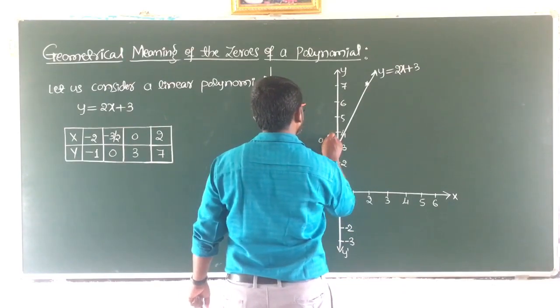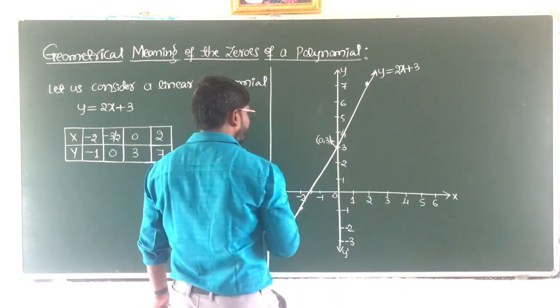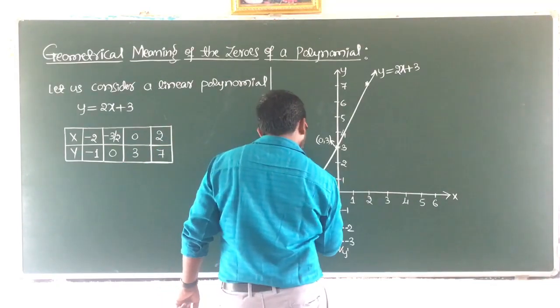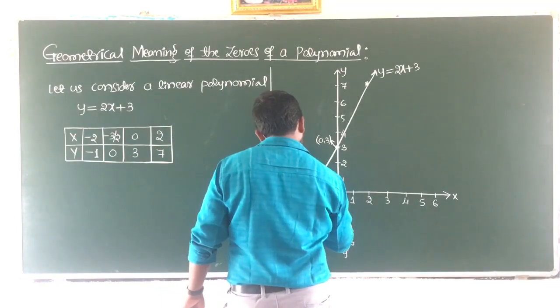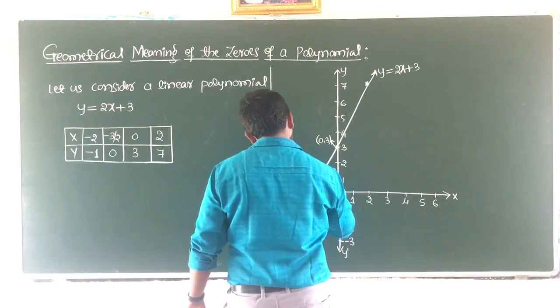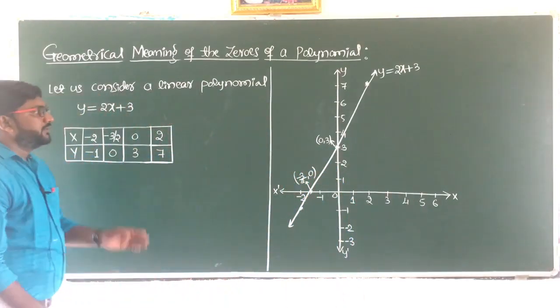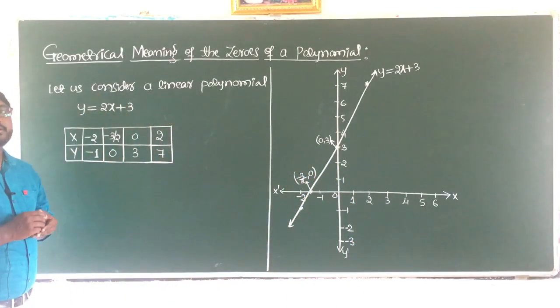So it is 0, 3. And this point will be minus 3 by 2 comma 0. So what do we understand from this graph now?